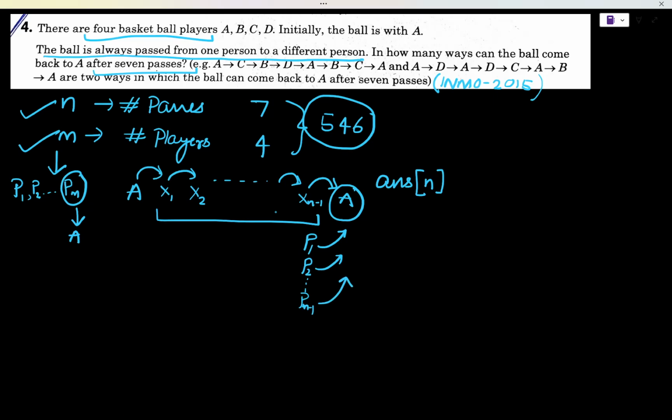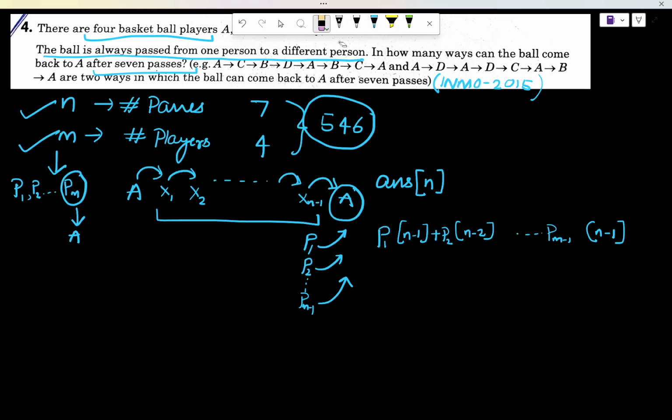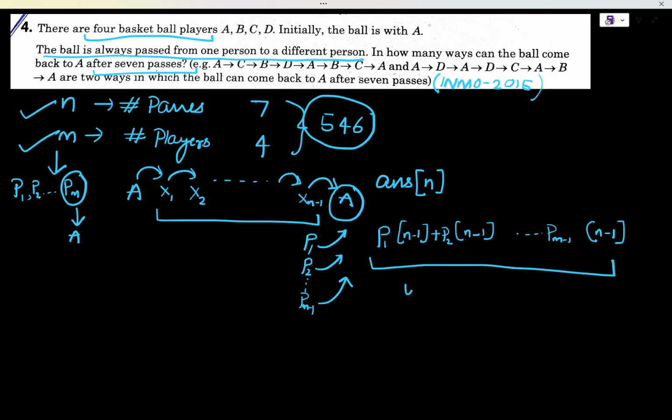Hence, all these ways of receiving the ball after n minus 1 passes will be added: the number of ways P1 receives after n minus 1 passes plus the number of ways P2 receives after n minus 1 passes, and so forth up to Pm minus 1. Sorry, this is n minus 1 passes. Let me define this as some variable called ways of n minus 1.